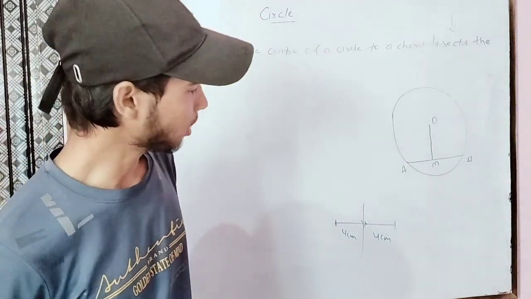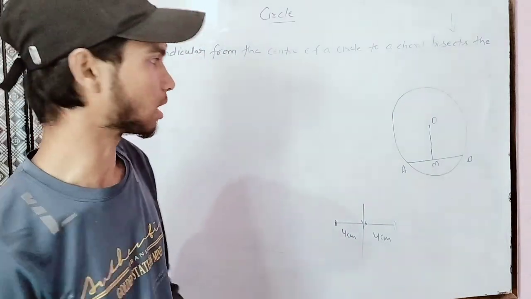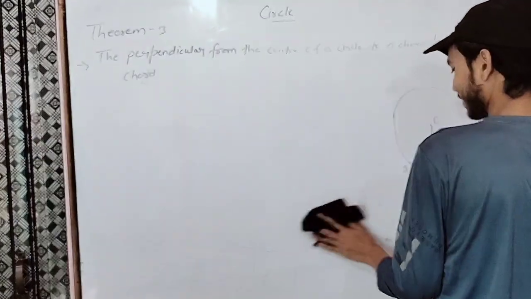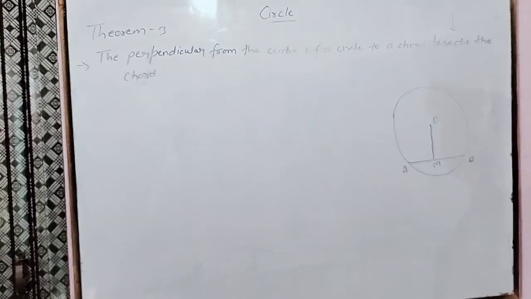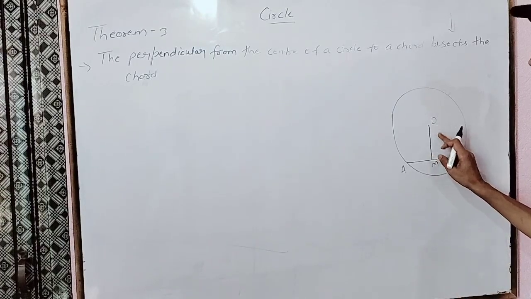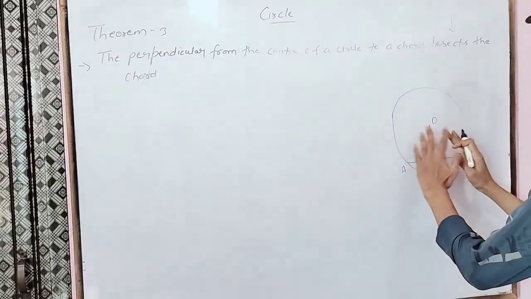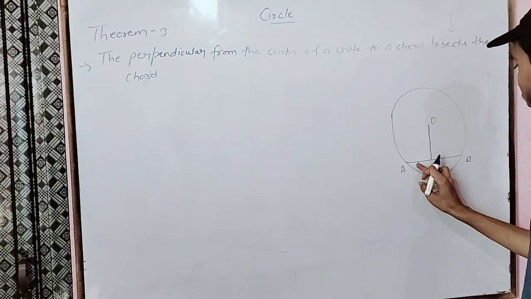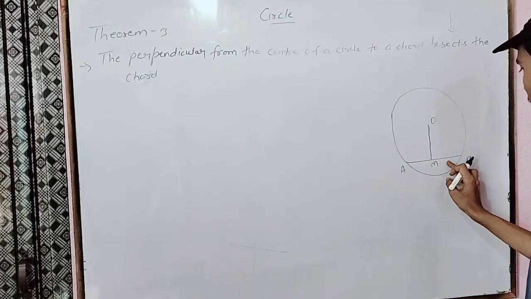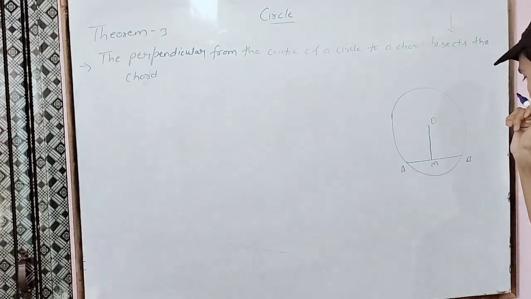The main point is equally. Here we are talking about the perpendicular from the center of the circle to the chord bisecting the chord equally.